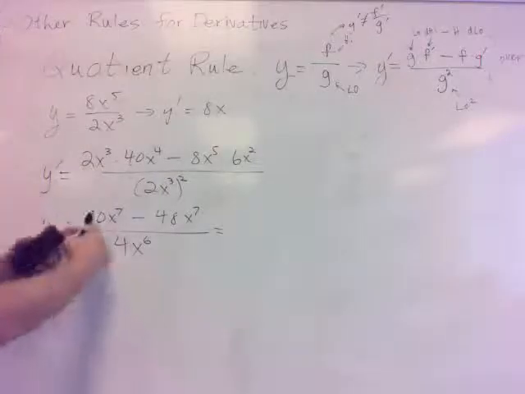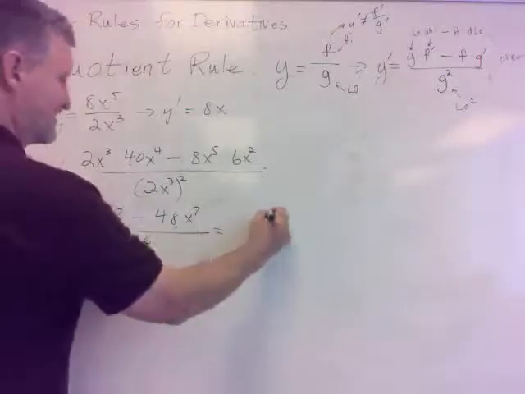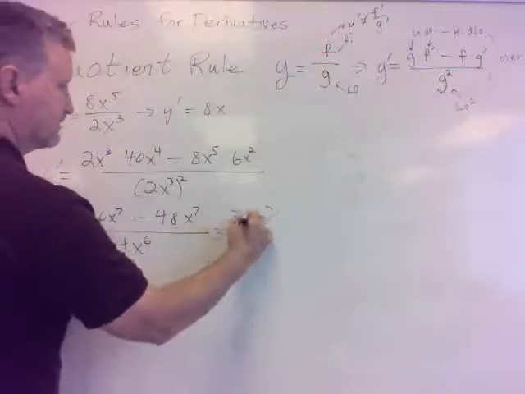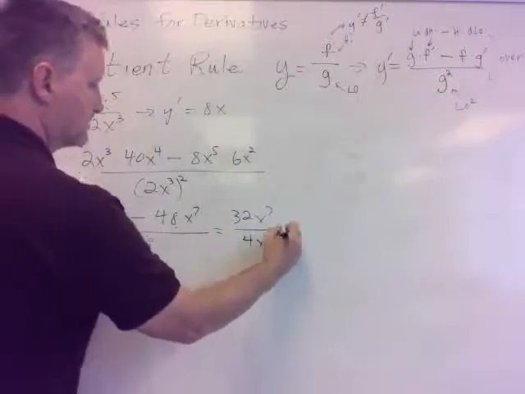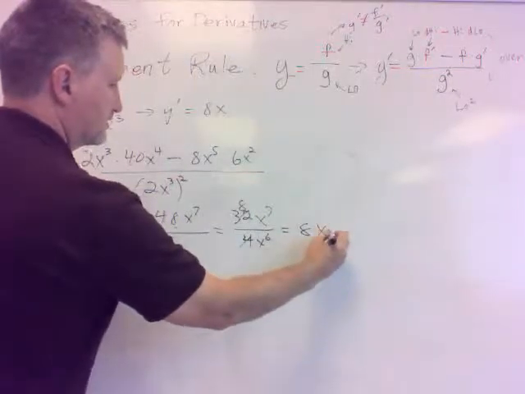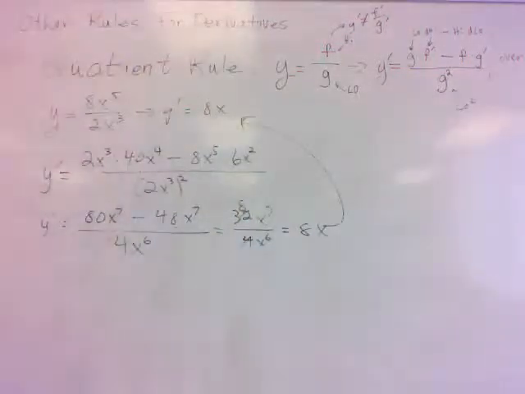Look at how this works. That's like terms, so I got x to the seventh, 80 minus 48, is that 32? Over 4x to the sixth, which, if you reduce that, that's 8x. Subtract that, you got it. It works.